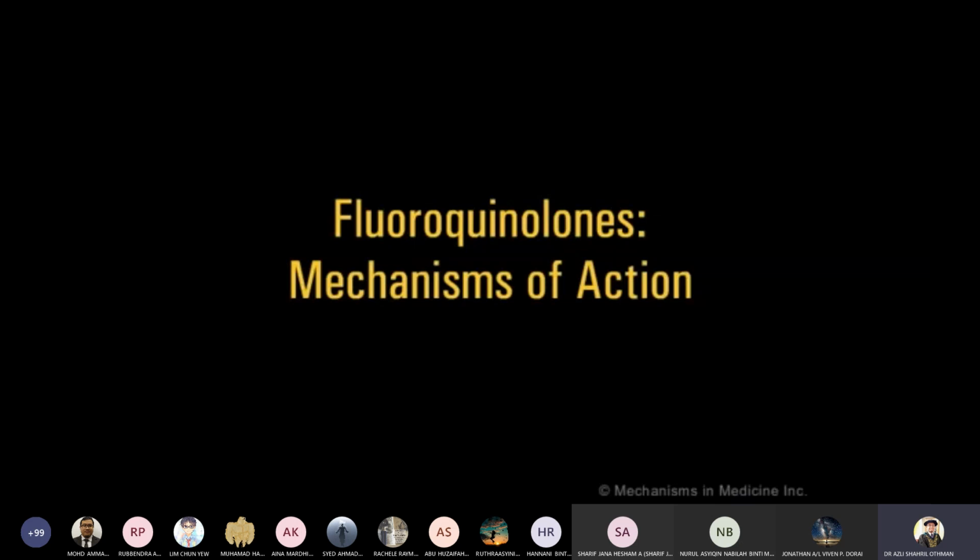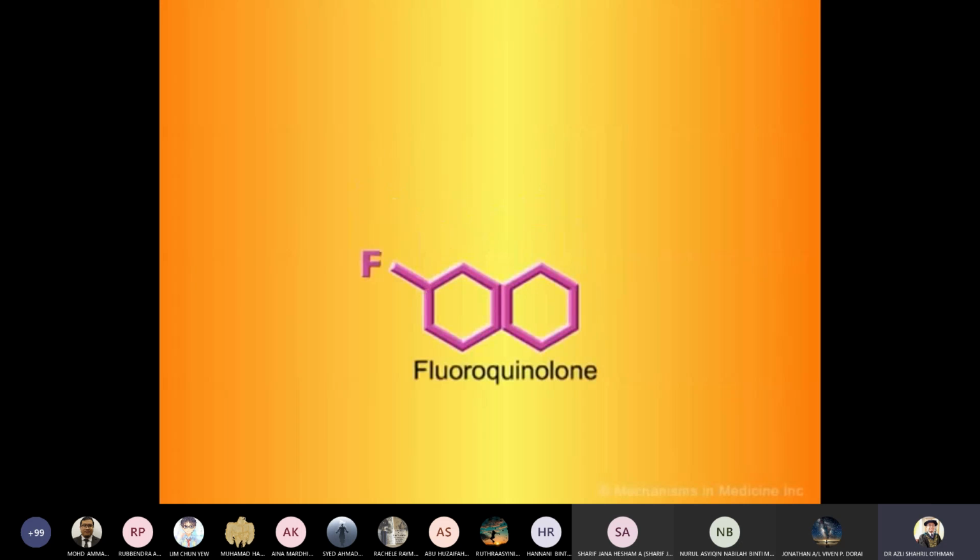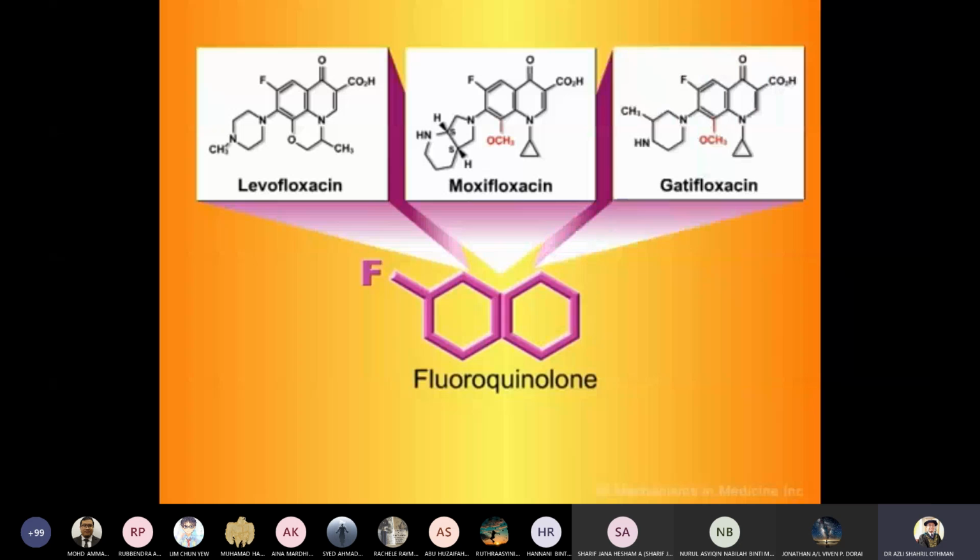This animation will demonstrate two mechanisms of fluoroquinolone action. Fluoroquinolone antibiotics, shown here, are synthetic molecules that are bactericidal. The potency of these drugs is greatly improved by the addition of a fluorine molecule at position 6, and thus the term fluoroquinolones. Fluoroquinolones rapidly inhibit bacterial DNA synthesis, resulting in bacterial cell death.